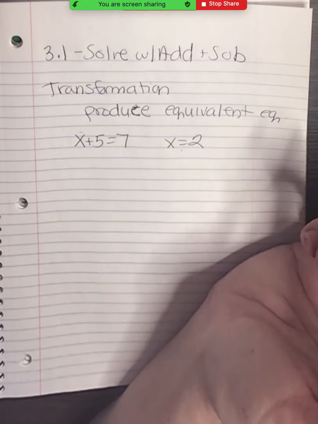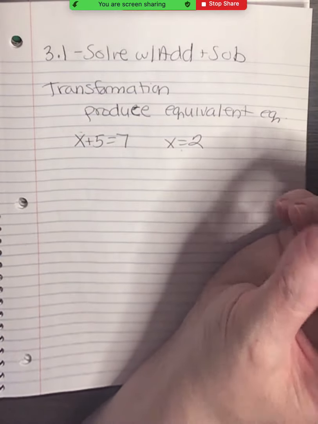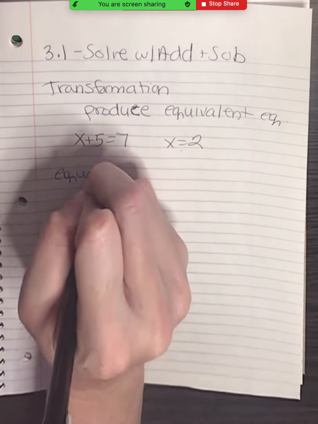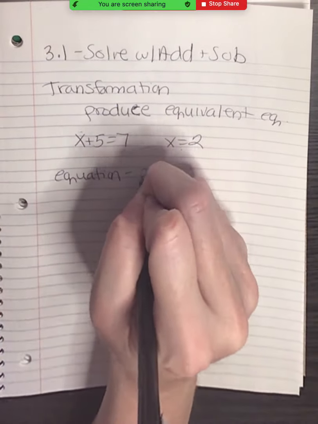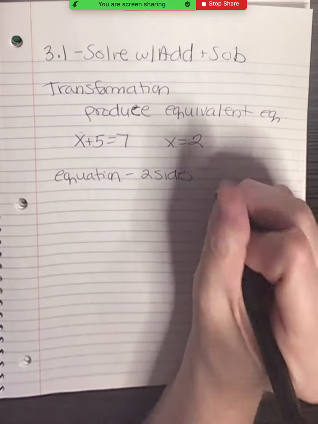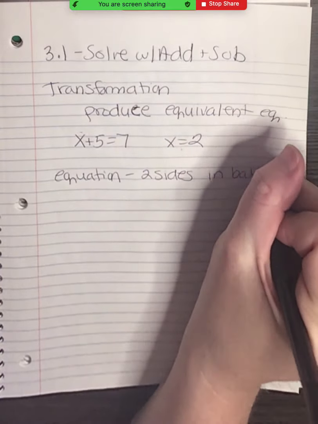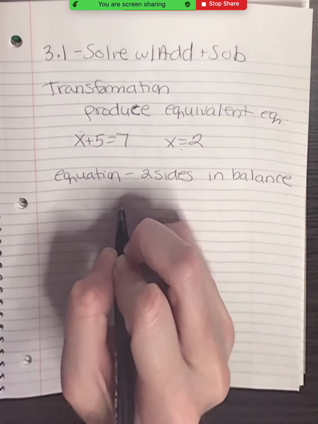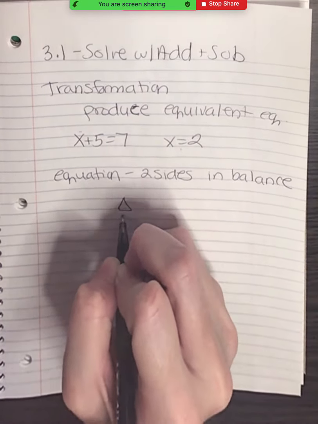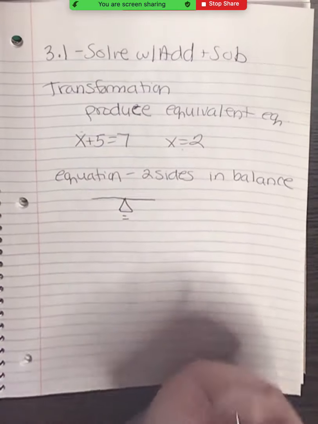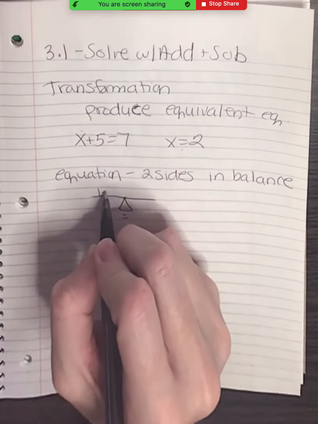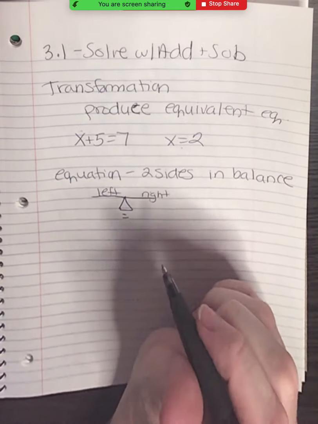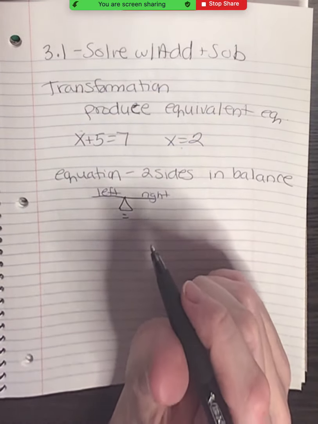So what we want to do is we want to think of an equation as having two sides that are in balance. Okay, kind of like a scale. So here's that equal sign in your equation. You have something on the left and something on the right. And they're equal, they're the same, okay? We have to keep them balanced.